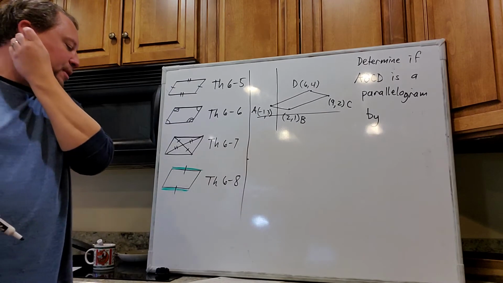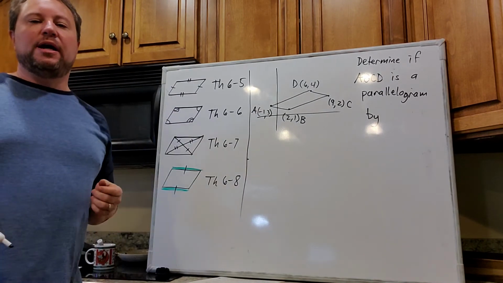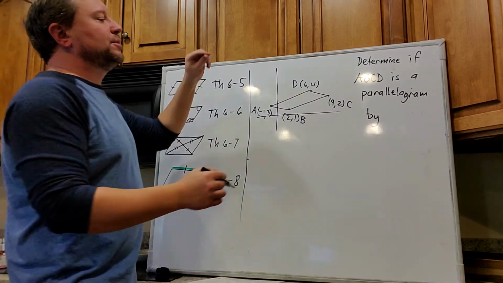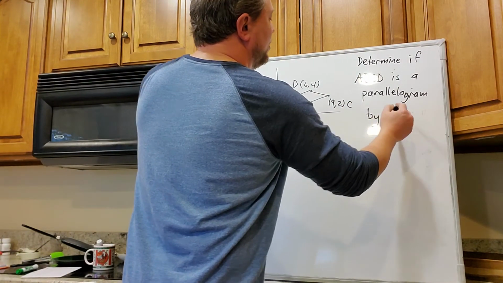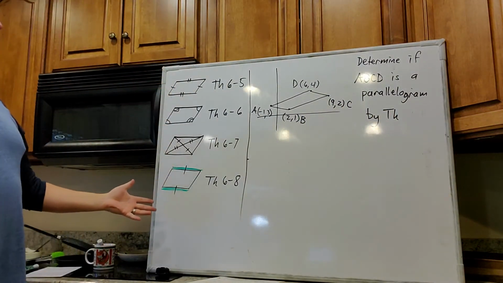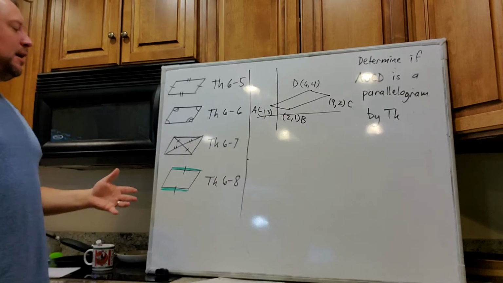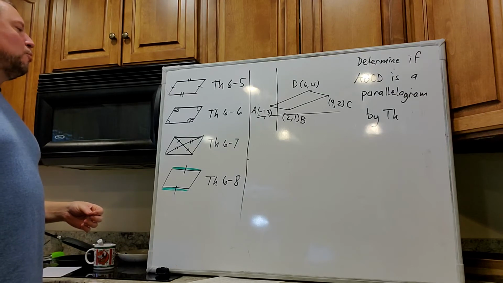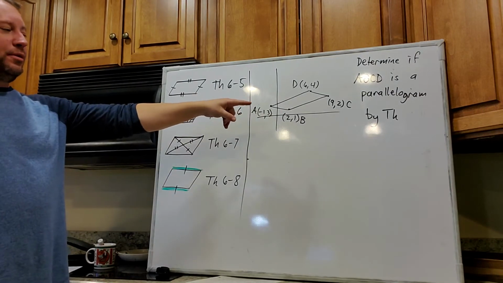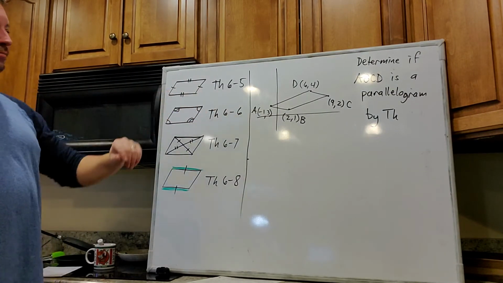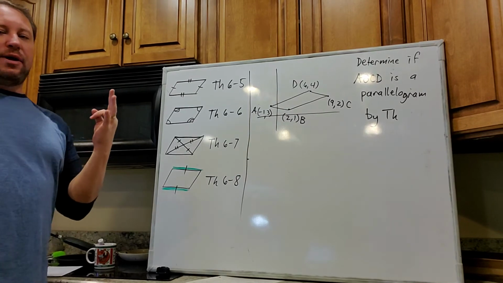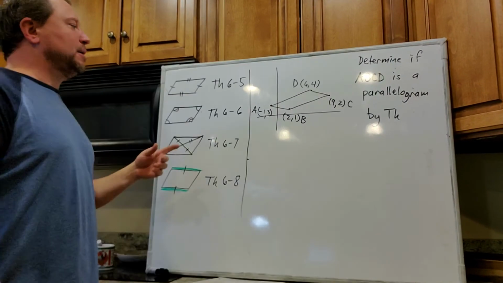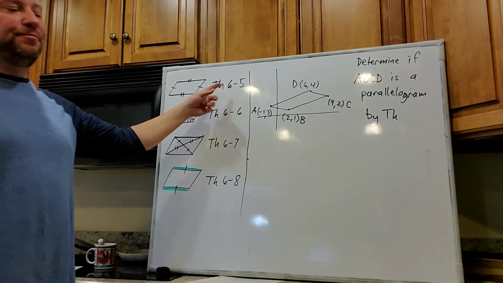They'll say they want you to determine if it's a parallelogram, and they'll specify which way they want you to prove it, by one of our 4 theorems over here. Actually, not all 4 of these, in fact. One of these we won't be able to use on this problem. There are going to be 3 of them that they may choose from. But one of the possibilities might be, for example, theorem 6.5.